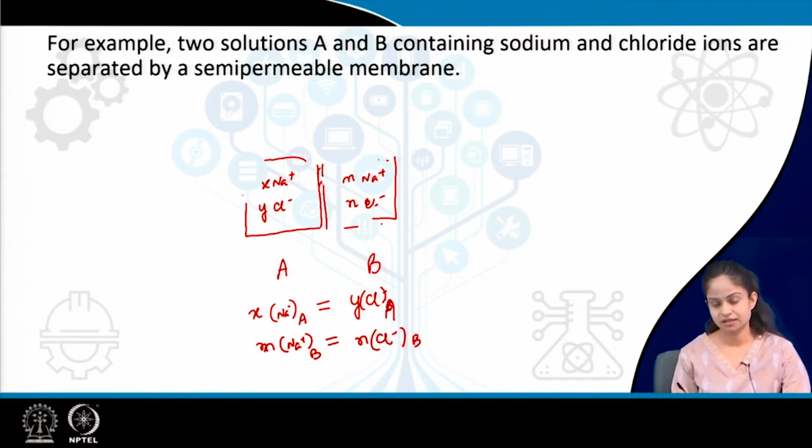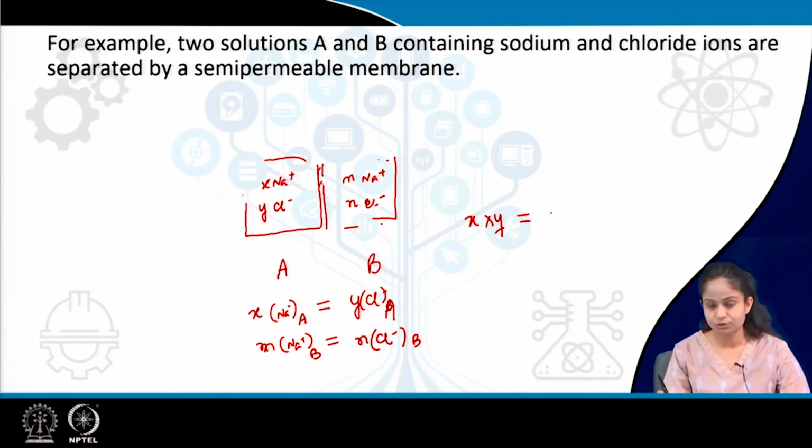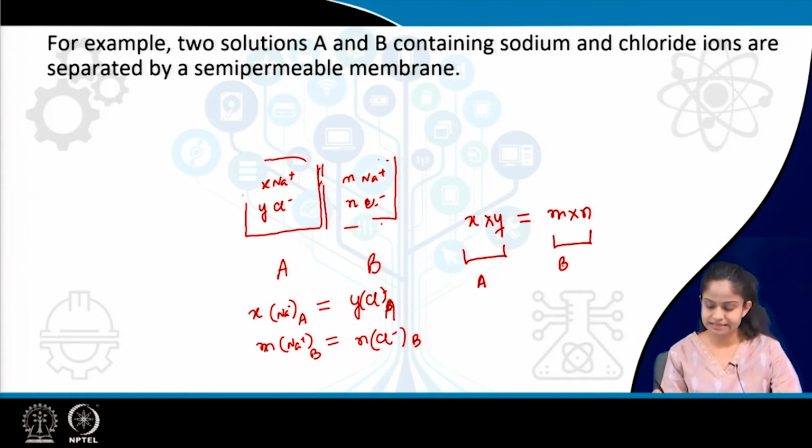The second rule is that, since sodium and chloride are both diffusible, the product of x and y should be equal to the product of m and n. Here x and y are in solution A and m and n are in solution B. You can see these products are of the diffusible ions.